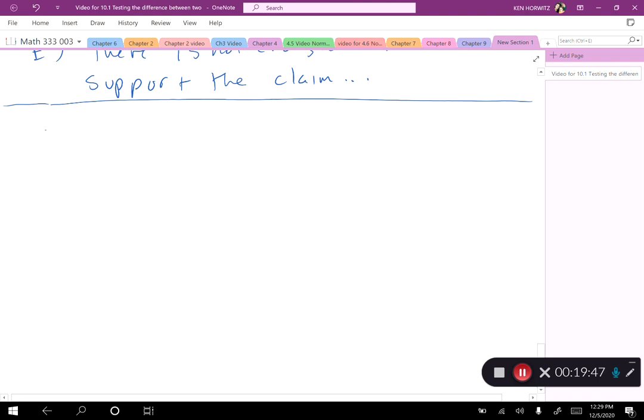So we can do confidence intervals. And they can help us make our decision as well. So I'm going to give you the formula that you need.